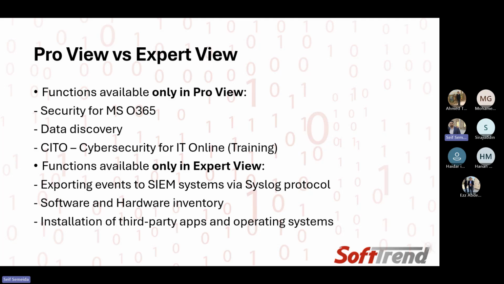On the other hand, some functions only provided in the Expert View are, if you have a SIEM solution, exporting events from the Kaspersky logs to the SIEM solution. Also, the software and hardware inventory feature is only provided in Expert View, where you can check your assets. And the installation of third-party applications is only provided in Expert View and not available in Pro View.